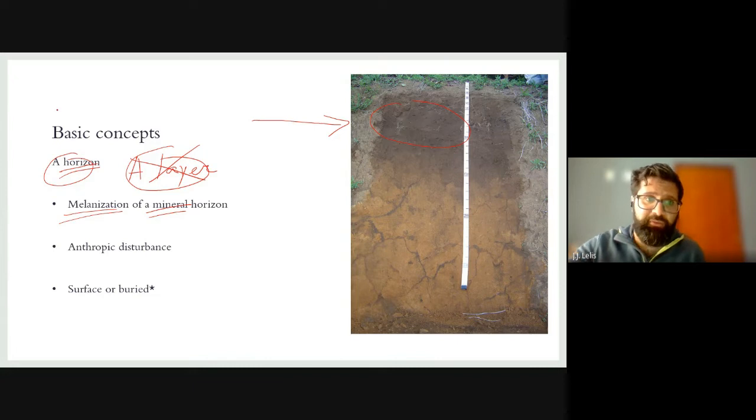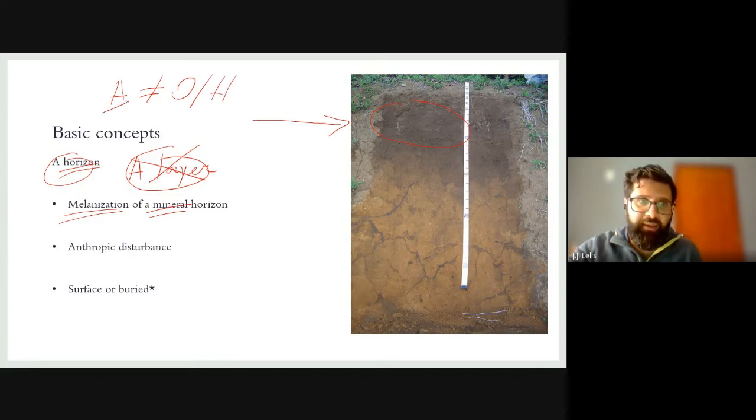The difference between an A horizon and an O or H horizon is that the A horizon is a mineral horizon. It's composed of minerals and its properties depend on these minerals. O or H horizons and layers are dominated by organic compounds.